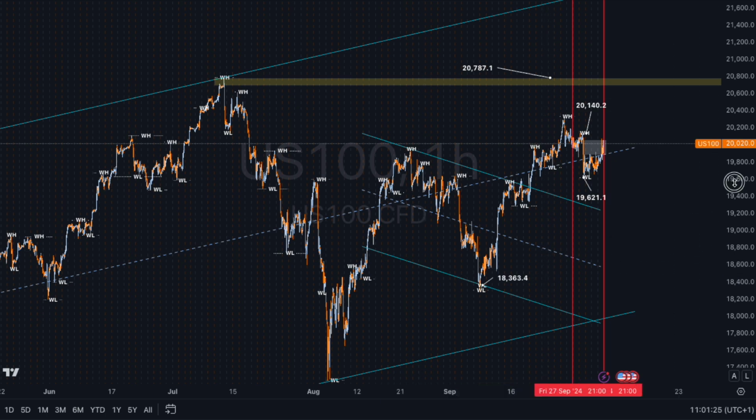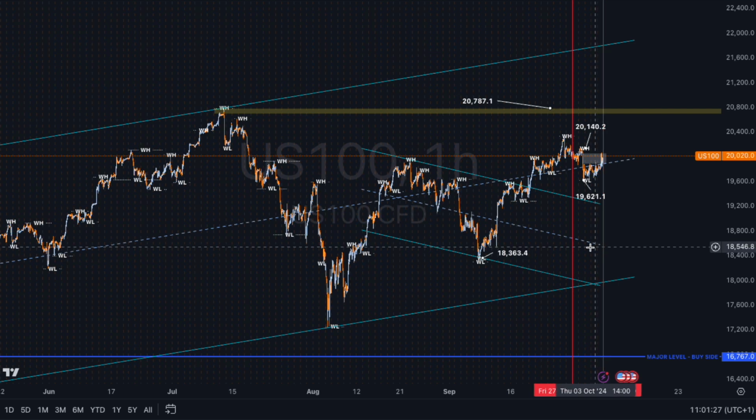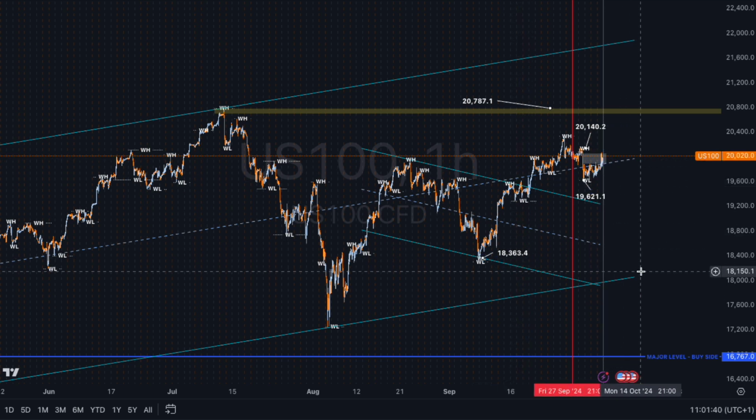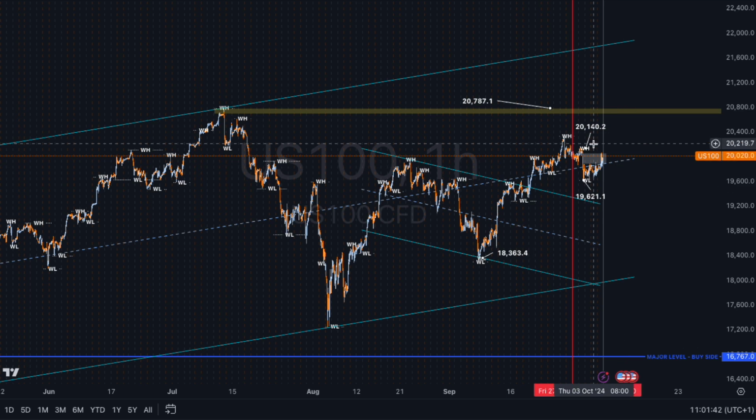If the market closes downwards, there's a high probability it's going to come all the way down to around this level over here, which is 18363.4 if the market breaks down. And obviously, if the market closes above this level up here, then we're expecting it to go a little bit higher. There are one or two scenarios that could take place right now.